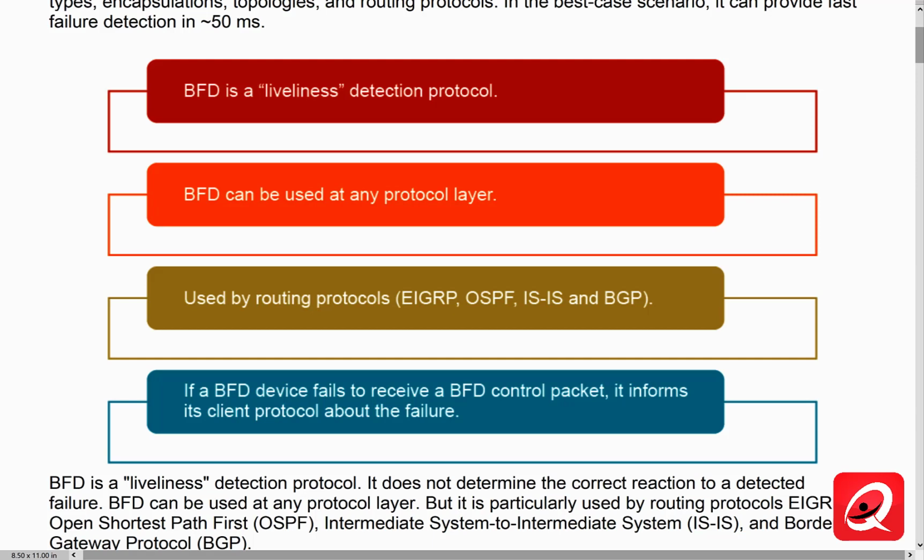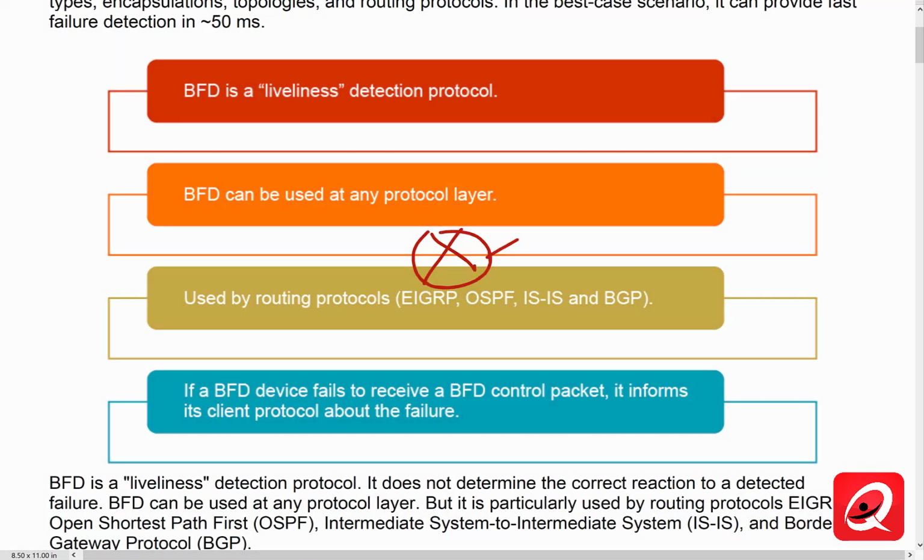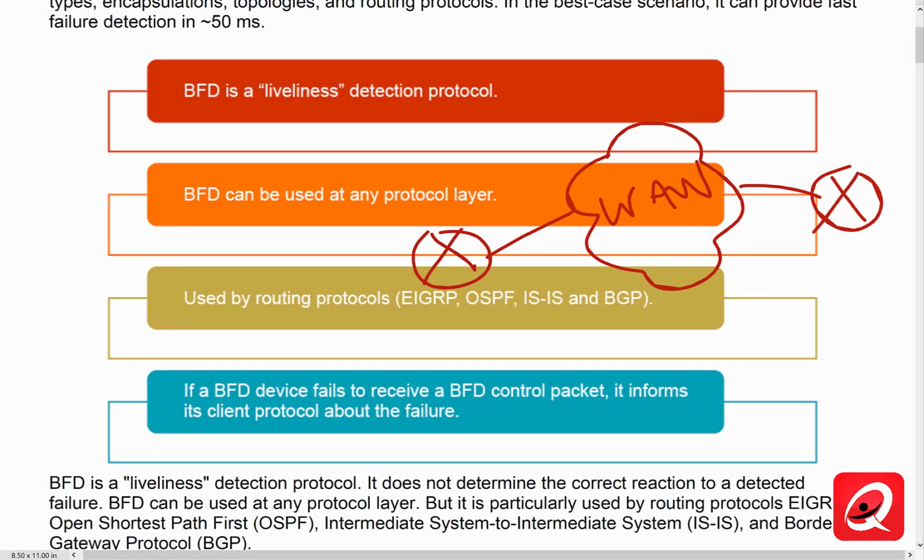Now, you might consider a scenario where you have routers that are peers. Let's say, for example, I have a WAN circuit, and I've got this router here, and that router is connected to some sort of WAN cloud. And then there's another router on this side of the link.